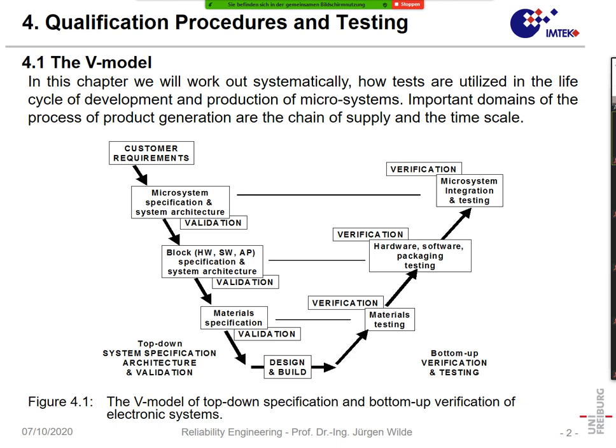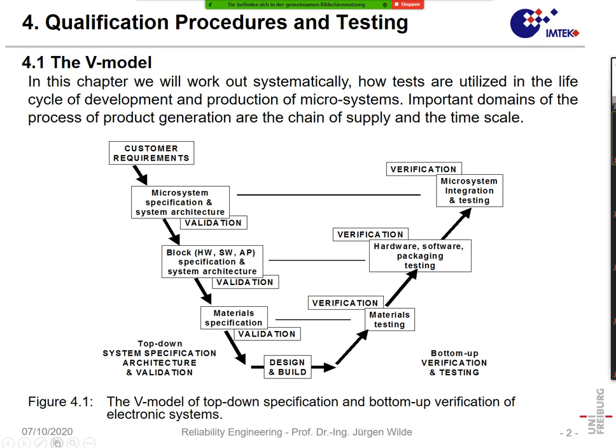So it is necessary to derive such specifications top-down, and imagine such a microsystem would consist of hardware, software, assembly, and packaging. And for each of these, we must specify something. For instance, for the hardware, we must specify what kind of computer it is. Is it 16-bit? Is it 32-bit?